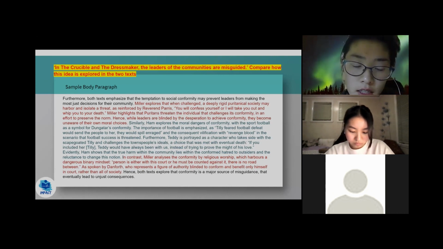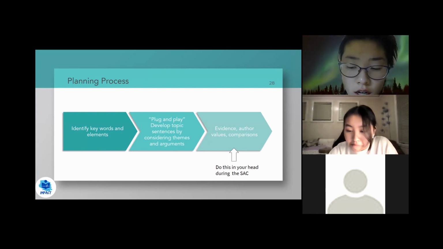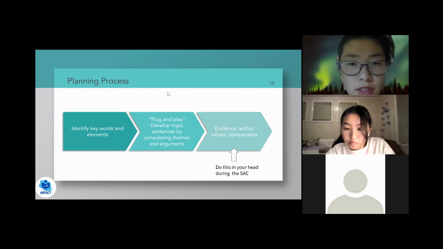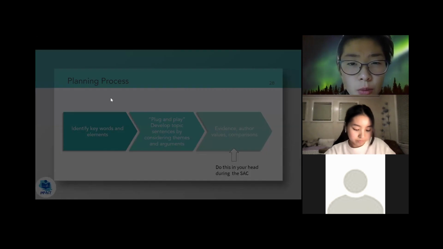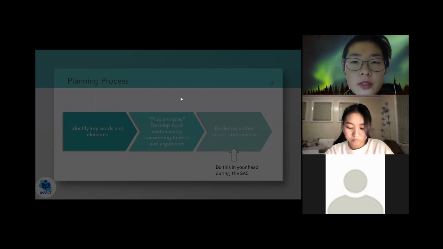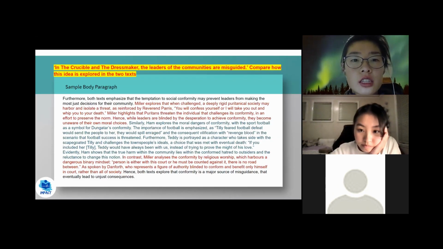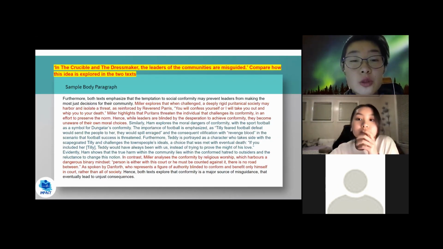Then we're developing the topic sentences by considering the themes and arguments. Plug and play is a nice catchphrase to highlight this. In this example, one of the key themes is the temptation to social conformity, the pressure to not challenge the status quo.